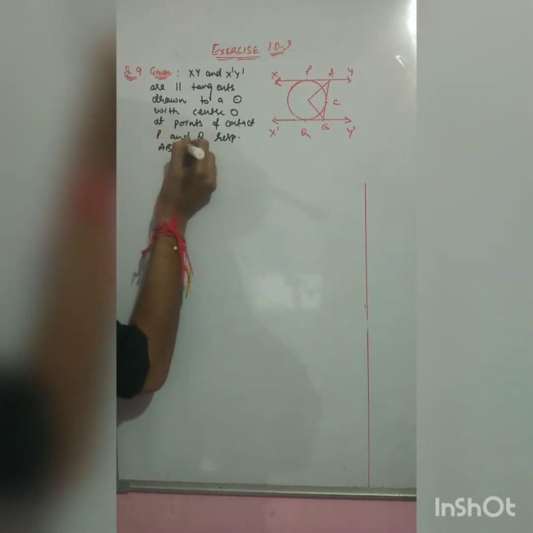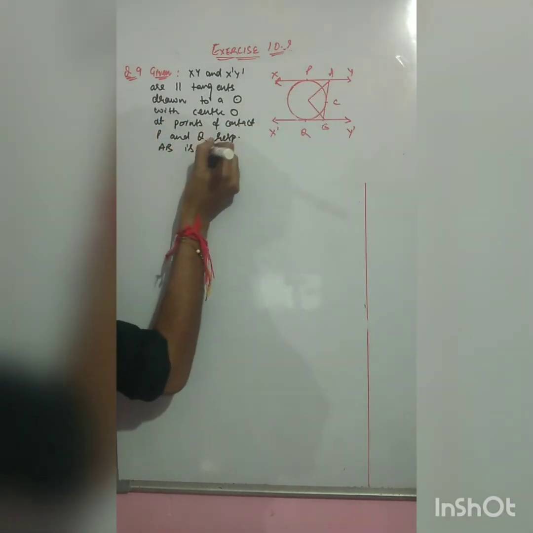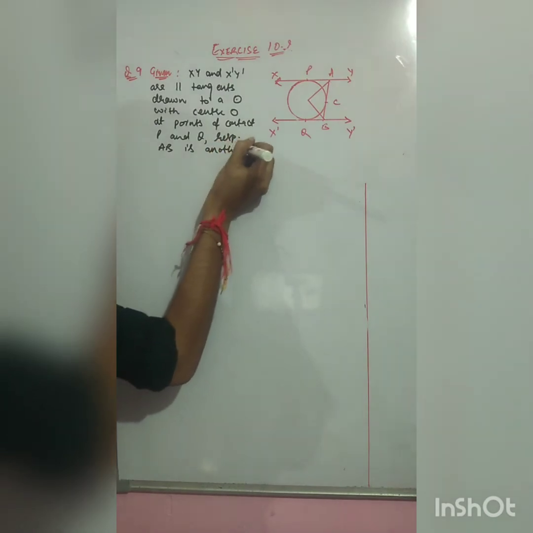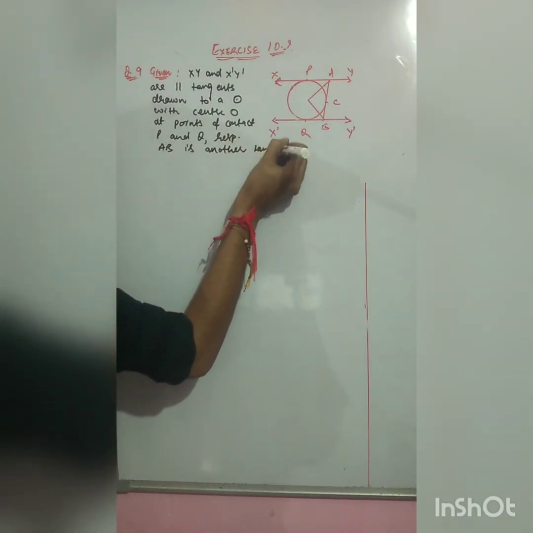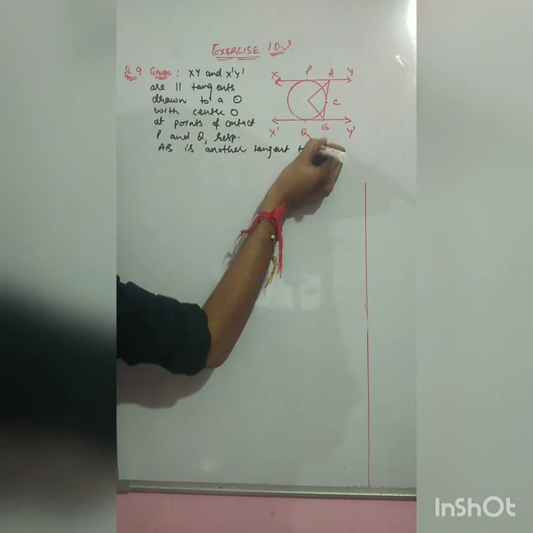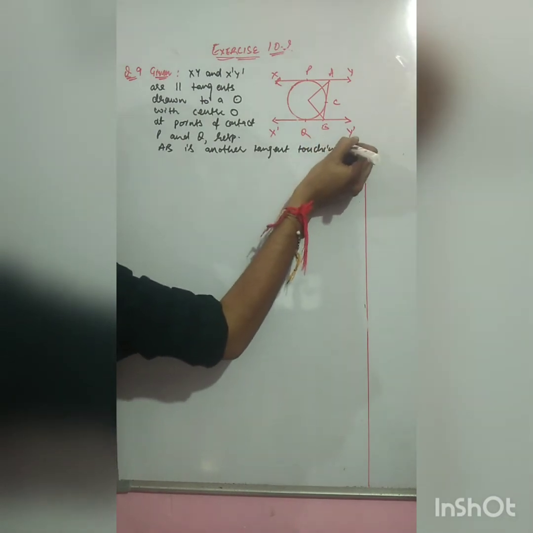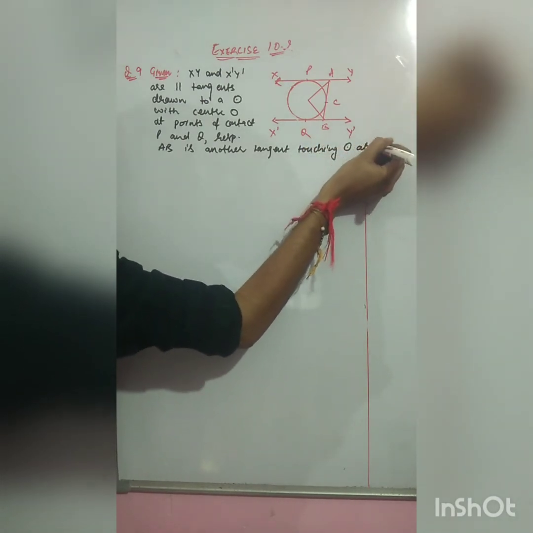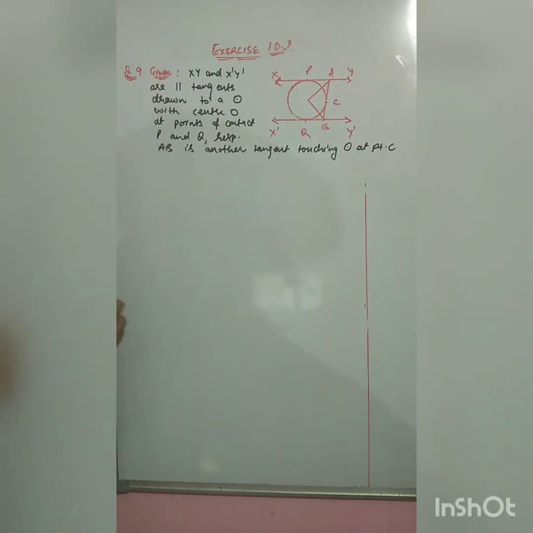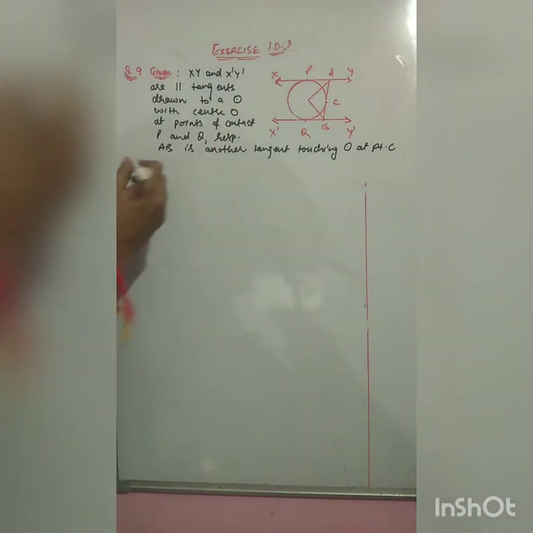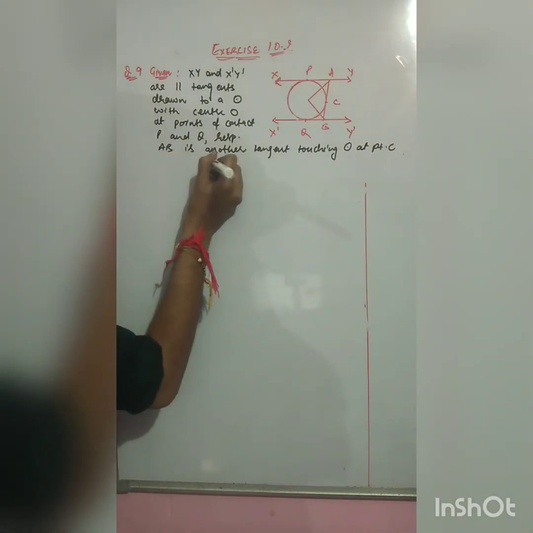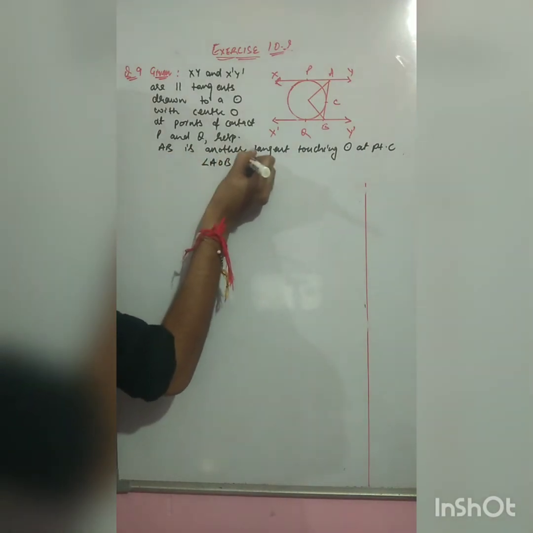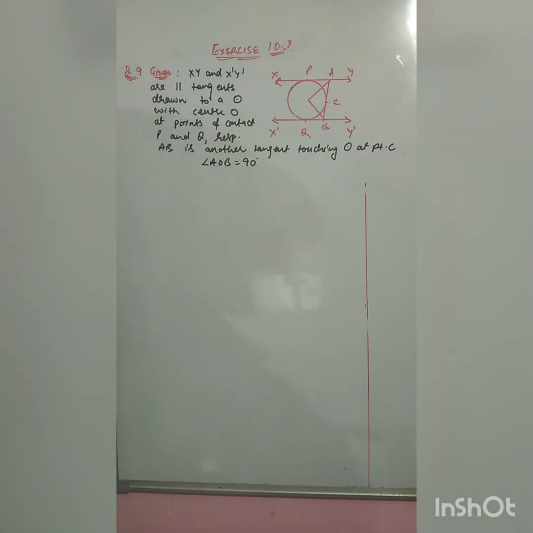AB is another tangent touching the circle at point C. What we have to prove here is that angle AOB is 90 degree.